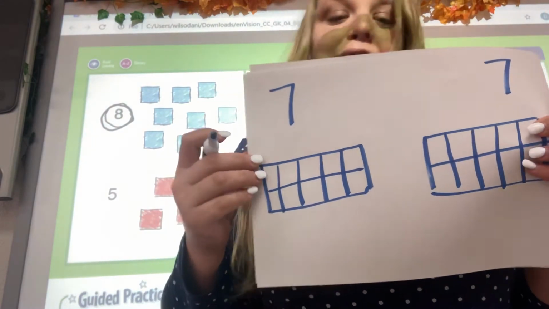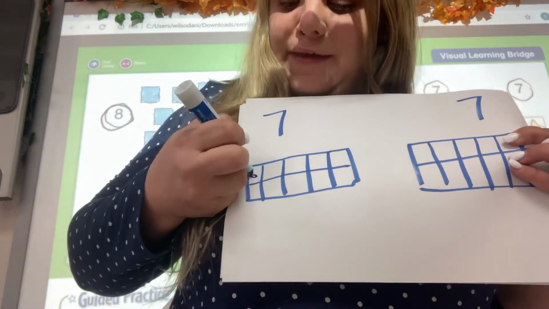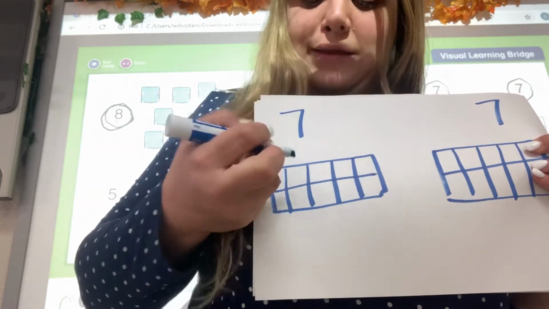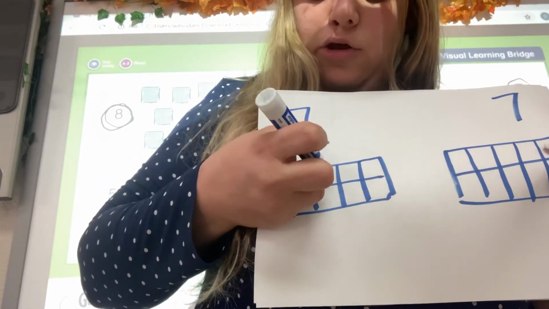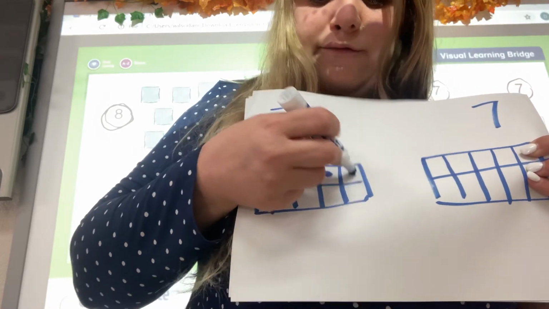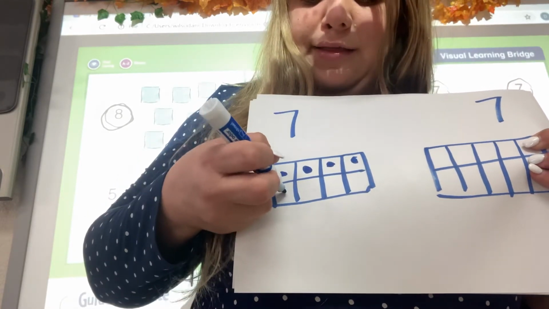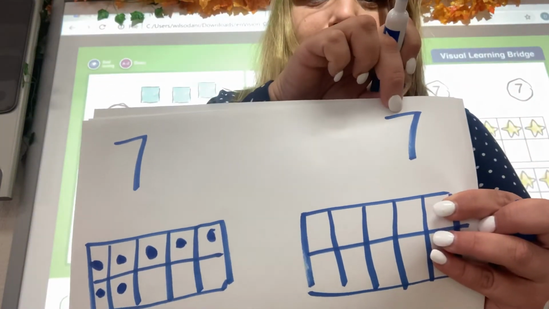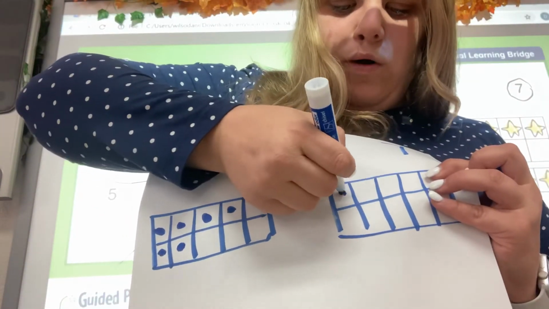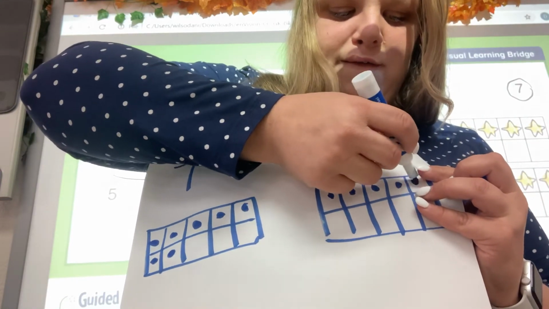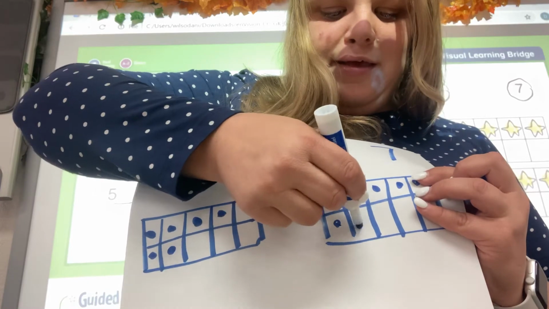I could look at it and fill it in from the top, moving left to right, just like I read. 2, 3, 4, 5, 6, 7. What's this number here? 7. Okay. 1, 2, 3, 4, 5, 6, 7.